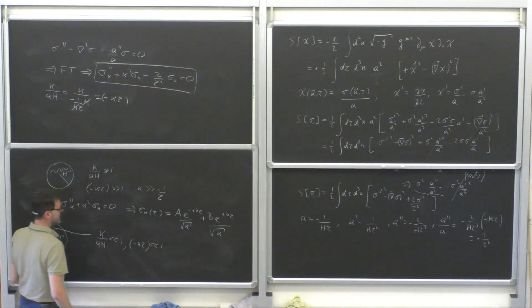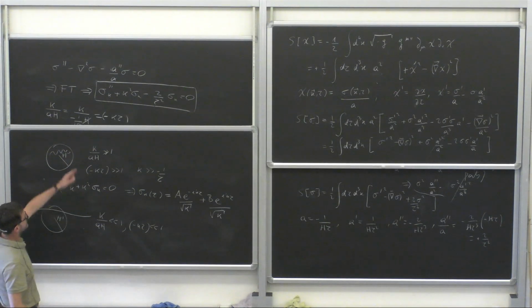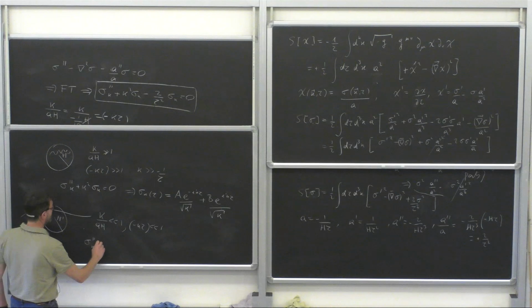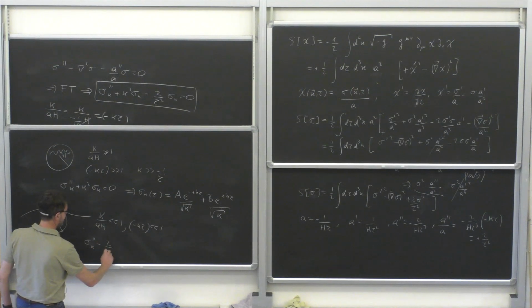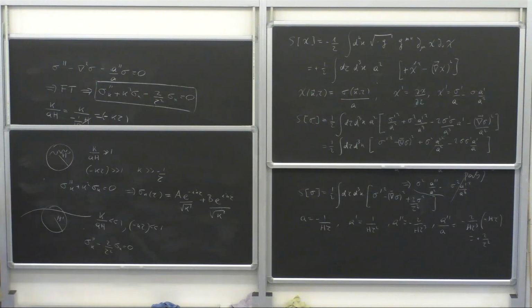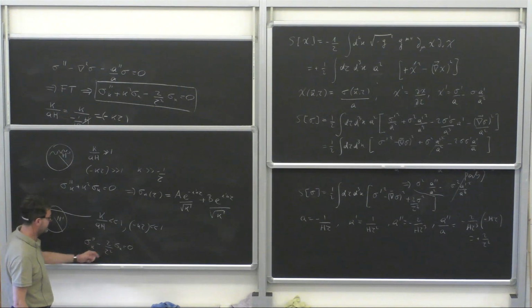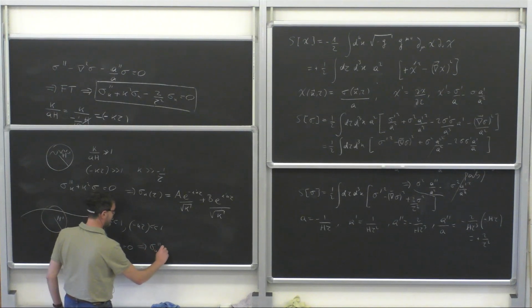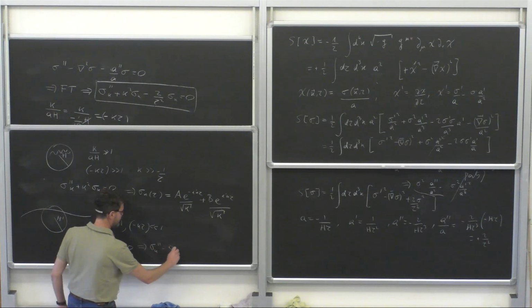And therefore, the equation of motion, I go back to that in the box, I have sigma double prime k minus 2 divided by tau squared sigma k equal to 0. Okay? Now we remember that in fact this 2 over tau squared is nothing else than a double prime divided by a, so I rewrite it like this because it's convenient.